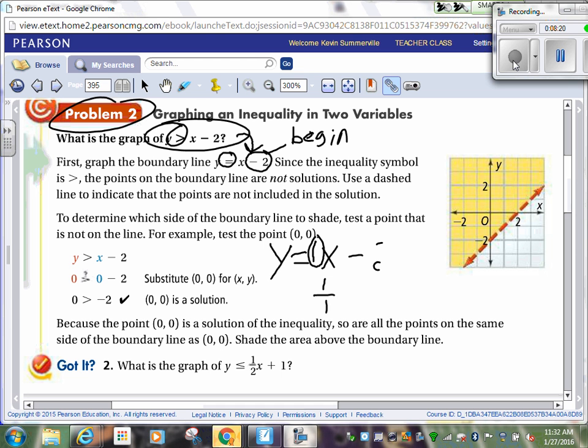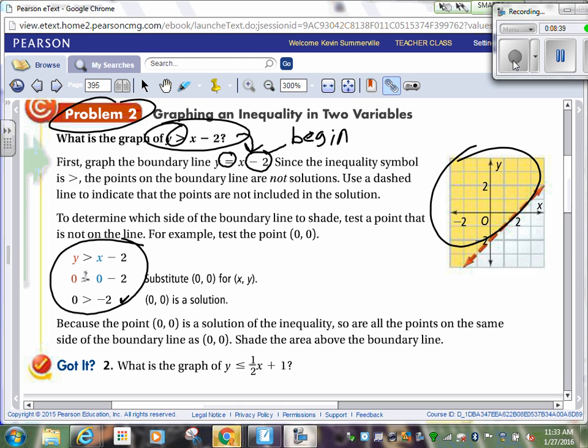Now we're going to take a look at why they shaded in the yellow part on that part of the line. Let's see what they did right here. What do you notice that they did with that equation? Before you give me the answer, on your graph, go ahead and put a circle in that center.